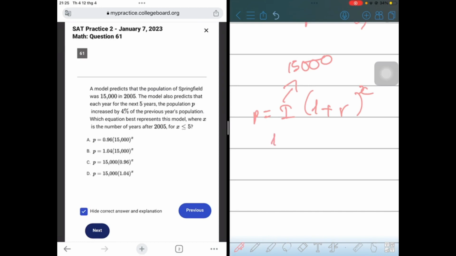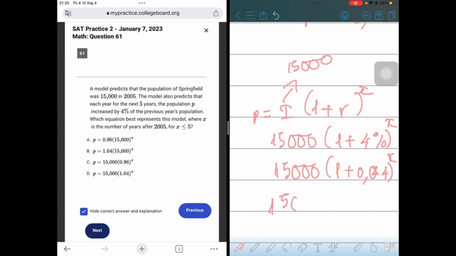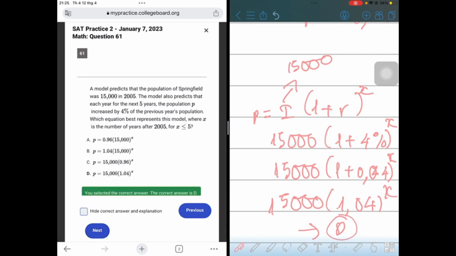So now we have 15,000, and then 1 plus the 4% that the question gives us, so 15,000 times 1 plus 0.04, yeah, and then we simplify it, and we have 1.04 to the power of x, so it's D, right?